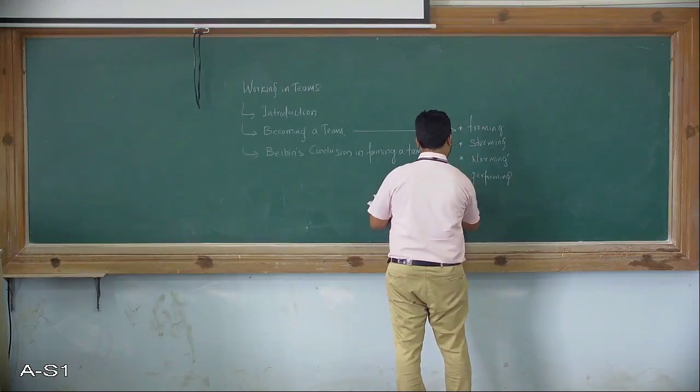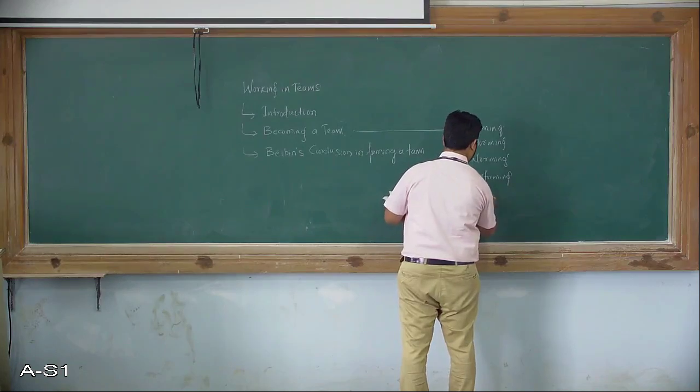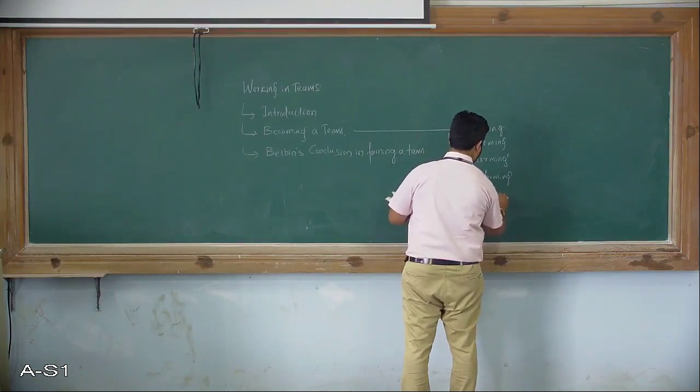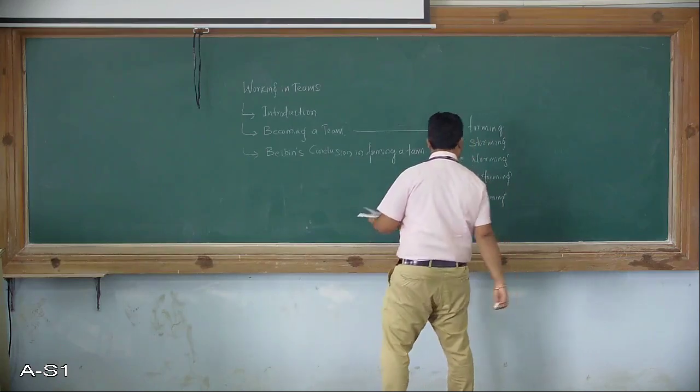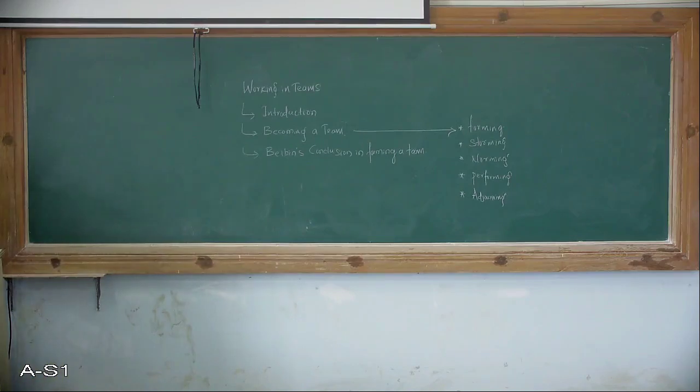Then performing. Then comes adjourning. So these are the basic stages of development for becoming a team: forming, storming, norming, performing, adjourning.